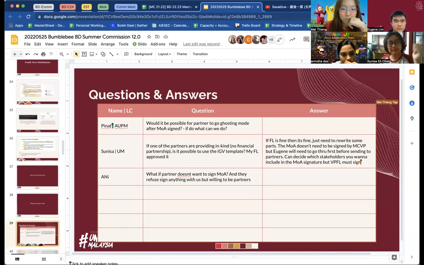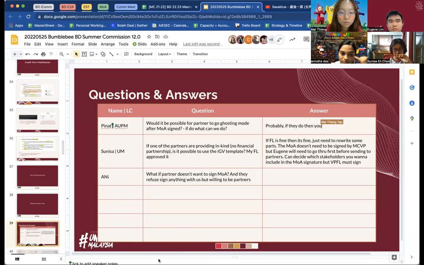So now I'll answer Peanut's question. Would it be possible for partner to go ghosting mode after MOA is signed? I think the phrasing is a bit weird. I guess so, it depends on the partner. But if they do go ghosting mode, you have to follow up as much as you can.